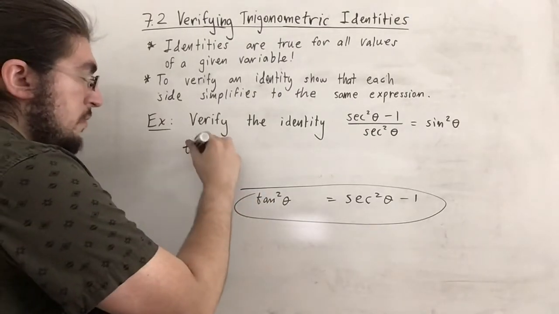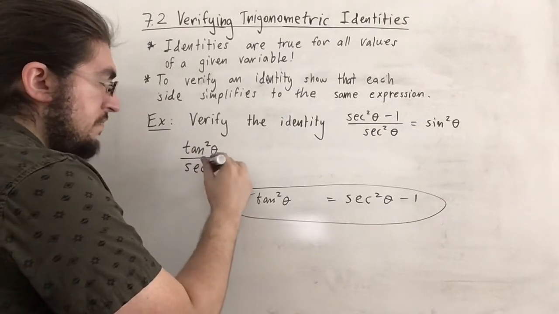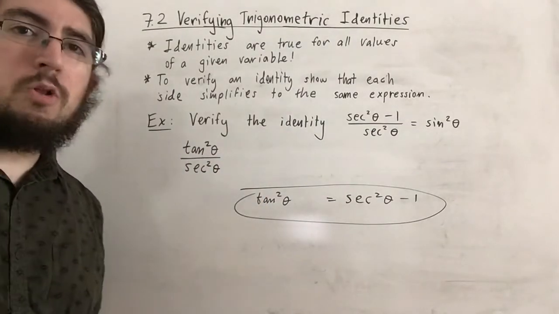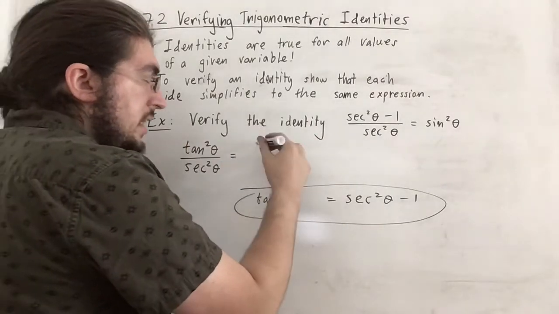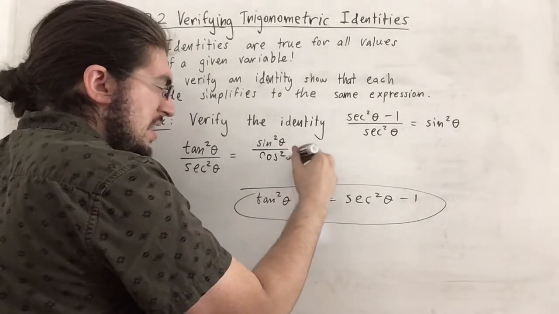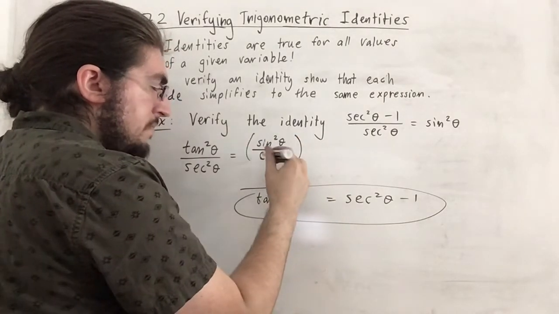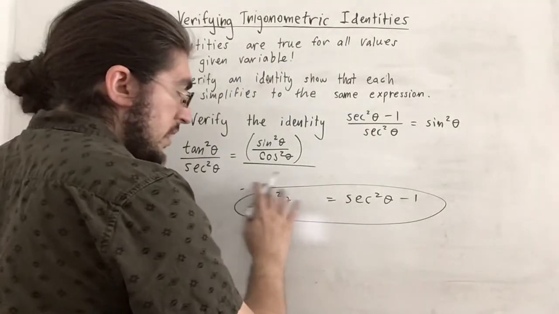So the numerator is replaced with tangent squared, and we're dividing it by secant squared. There's a whole lot of ways you can play this. What I'm going to do is this. I'm going to say that tangent is sine over cosine. That's the numerator. The denominator is 1 over cosine, so it's 1 over cosine squared.